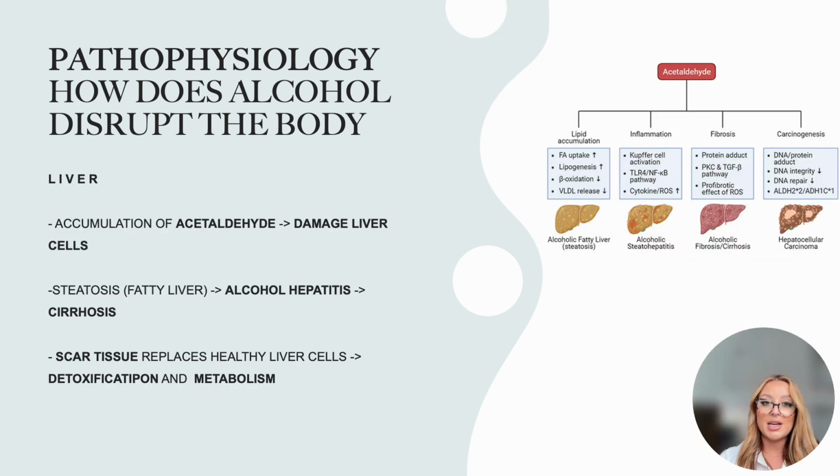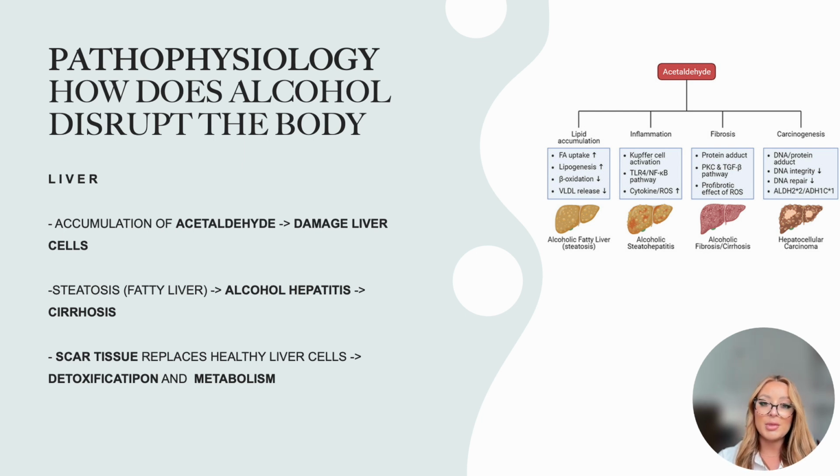In the liver, the damage starts with a toxic byproduct called acetaldehyde, which forms when alcohol is broken down. Acetaldehyde accumulates and damages liver cells. Next, the liver starts to build up fat, a condition called steatosis or fatty liver. If drinking continues, this fat buildup can cause inflammation, known as alcoholic hepatitis.